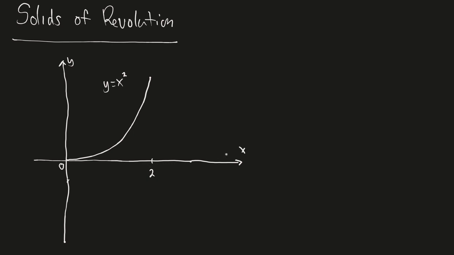Now what we're going to do is pretend that there is a crank attached to the x-axis, and I can turn that crank a full 360 degrees, which is going to take this region and revolve it all the way around. Let me sketch it after it's revolved 360 degrees around the x-axis.